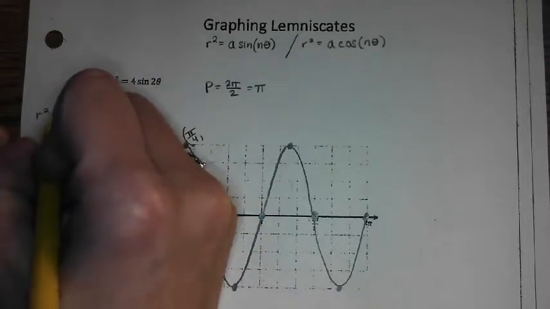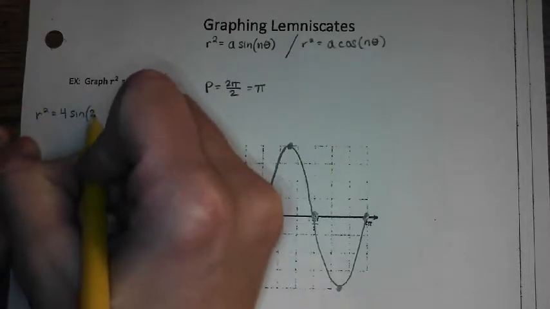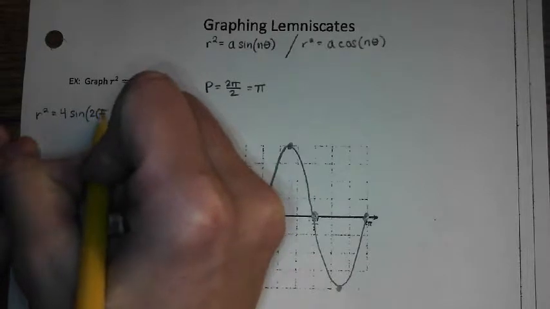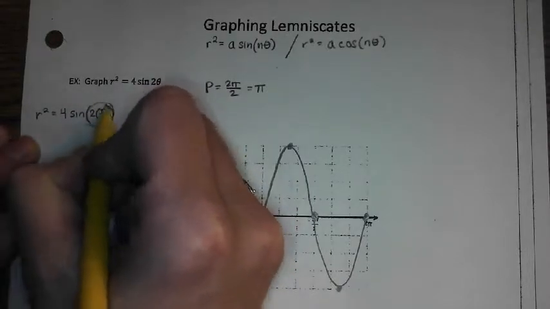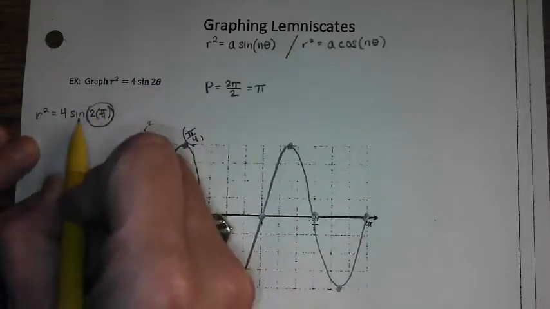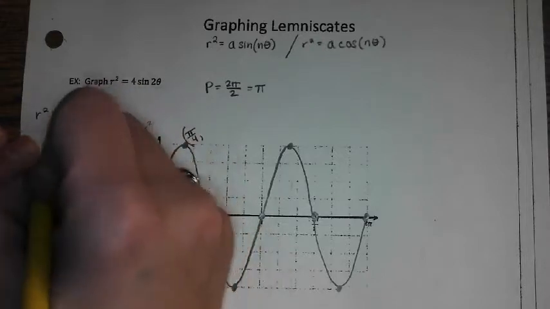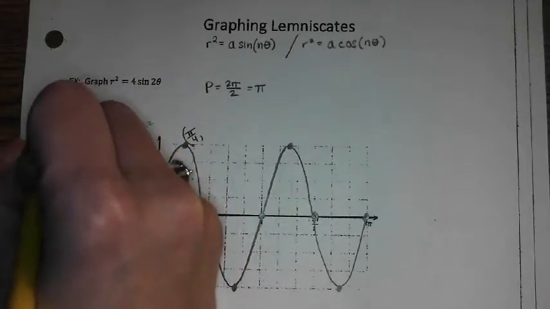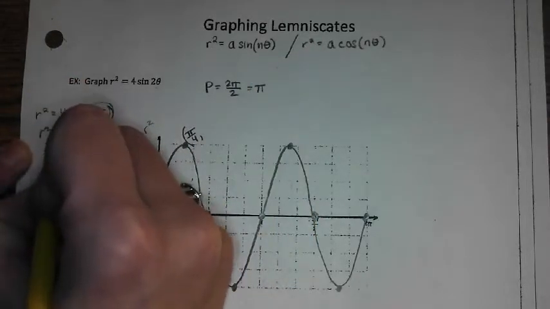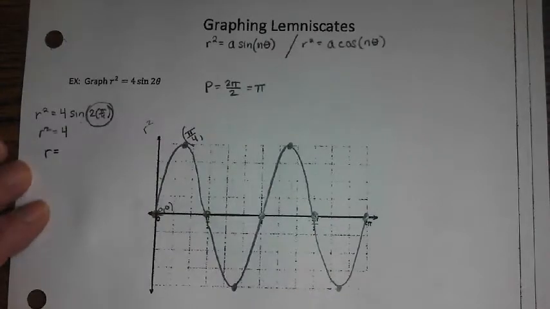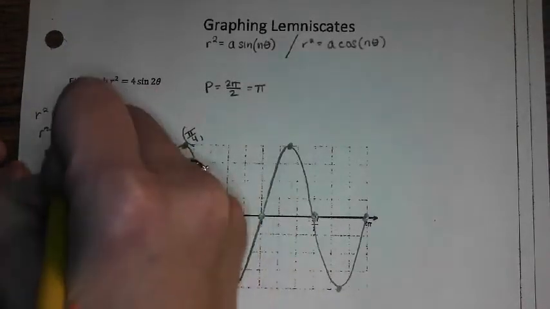R squared equals 4 sine times 2 pi over 4, that's going to make pi over 2. What's the sine of pi over 2? 1. 4 times 1 is 4. So then R equals plus or minus 2.